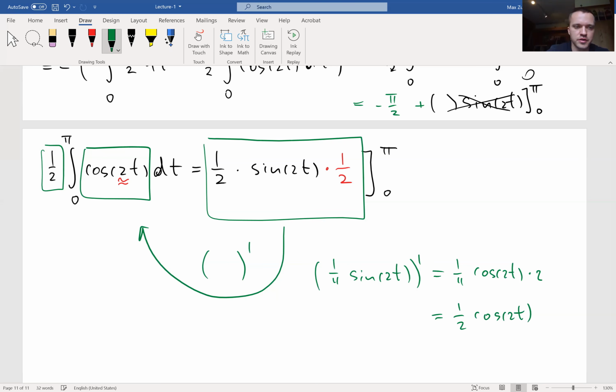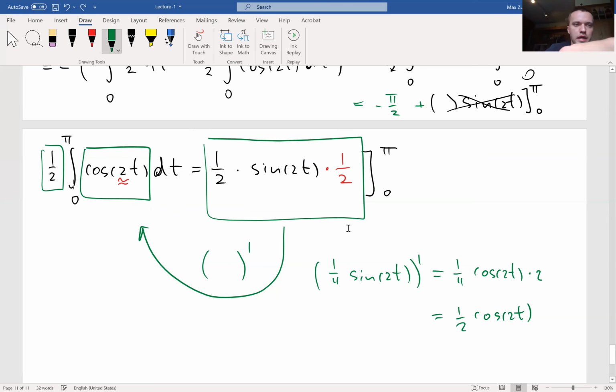And that is exactly the function over here. If I wouldn't have 1/2 over here, then my final answer would be just cosine of 2t. So you can use that as a mnemonic to remember. I call this just reverse chain rule.